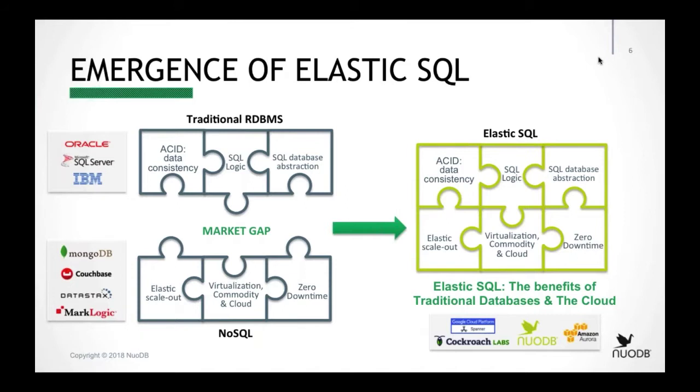Google Cloud Spanner announced their platform about 6 months ago, maybe a little bit more. Cockroach Labs, which is an open source version, also came out about that same time. And then late last year, Amazon Aurora announced their multi-master capability. So while this space is relatively new, there is a lot of interest, and a lot of work going on by both large and small companies to provide solutions in this space.